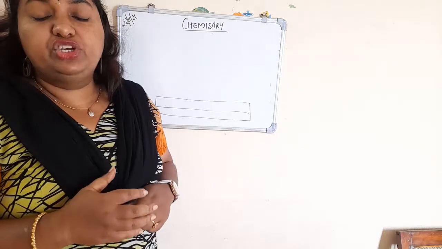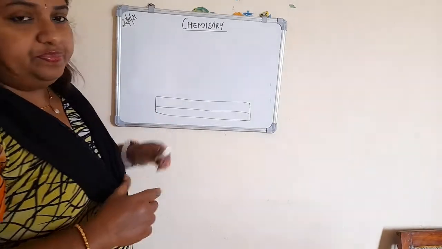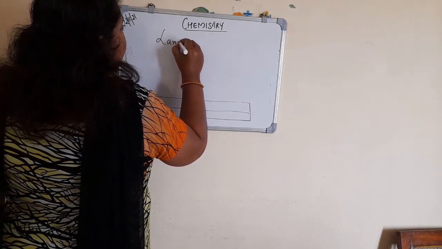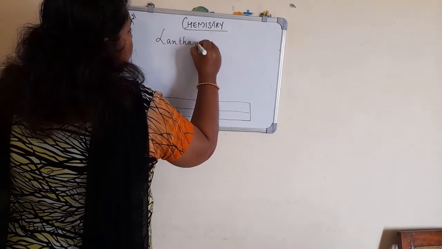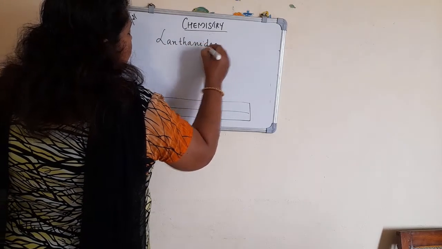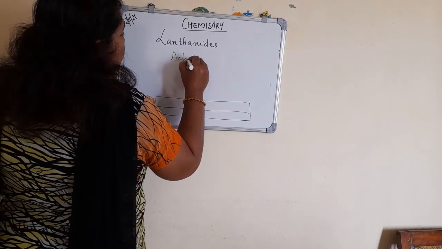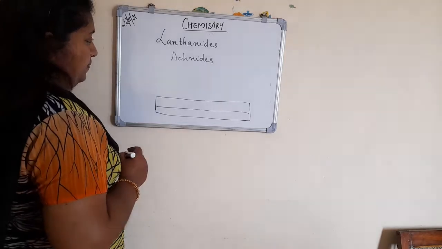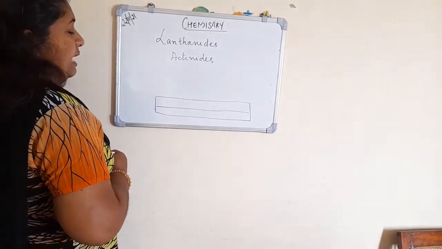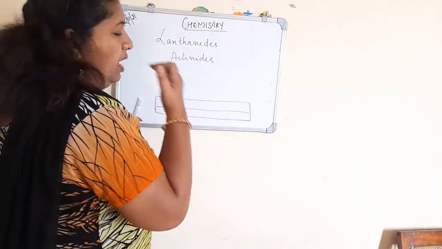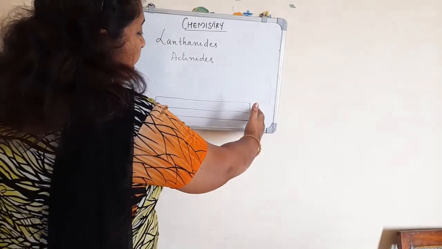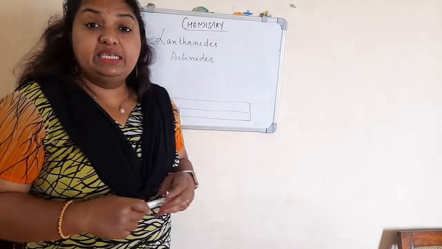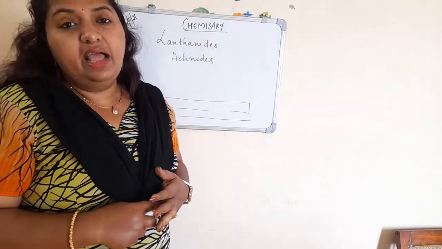Those elements are known as lanthanides and actinides. They are kept separate, just cut off from the periodic table, and they are kept here.